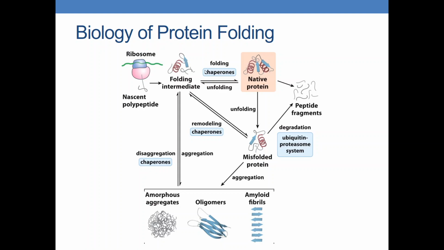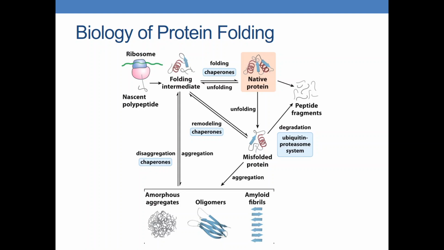So there are these enzymes that are called chaperones that come along and help the folding intermediate adopt the native protein structure. So chaperones are really important for ensuring that proteins find that native conformation that leads to the functionally relevant state. Now, one thing to take note of here, the interactions that largely lead to your native protein structure, with the exception of disulfide bonds, are non-covalent interactions. So non-covalent, what this implies is reversibility.